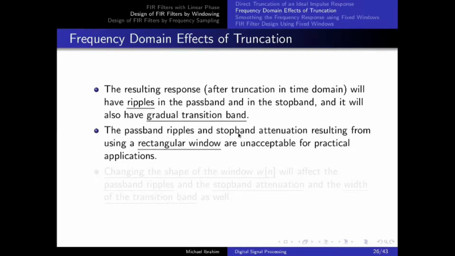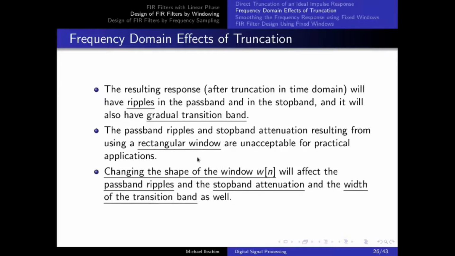The passband ripples and stopband attenuation resulting from using a rectangular window, which is a direct truncation of the impulse response, are unacceptable for practical applications. That's why, instead of using a rectangular window, we can use other window shapes.